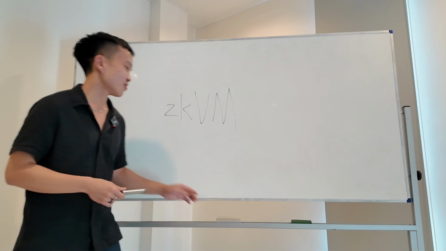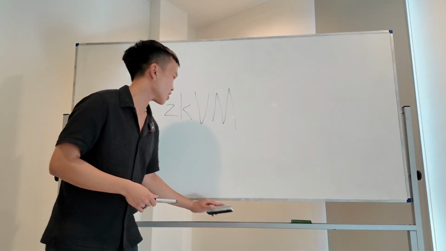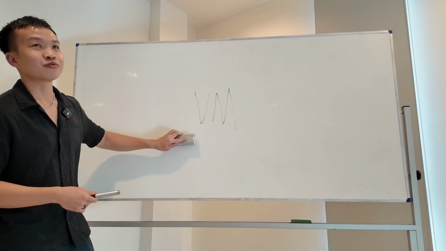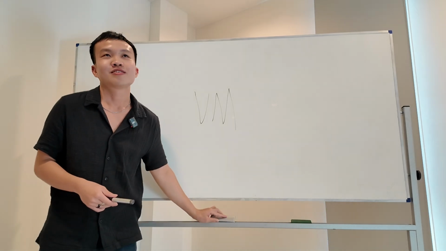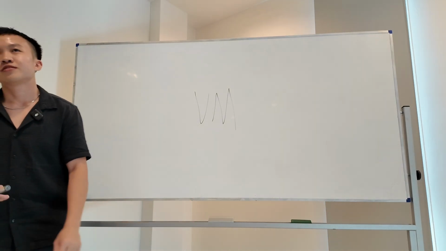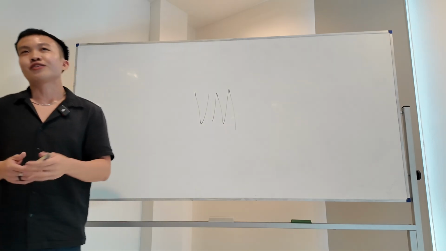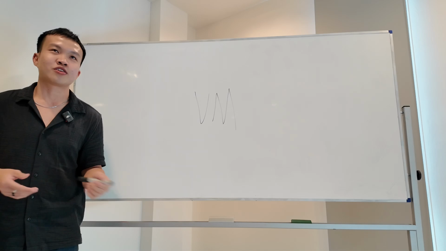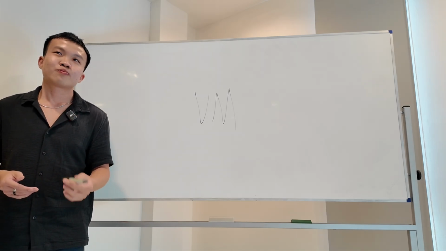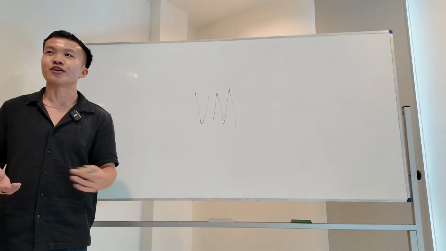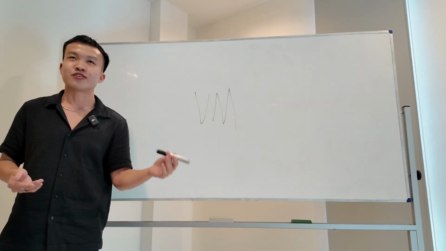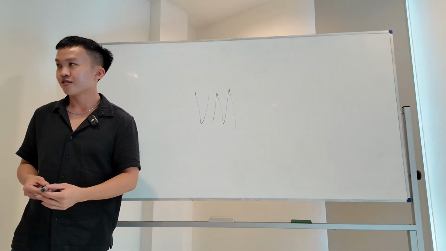maybe what is a VM, right? If we take away zk, what is a VM? Probably an abstraction model of the physical machine. Right. So in a sense, you can think of it as a program that runs another program. Because you have, let's say, the Java virtual machine, and it runs Java programs.